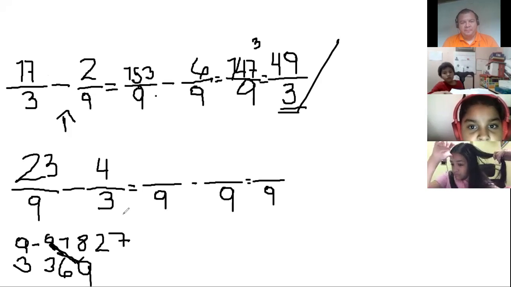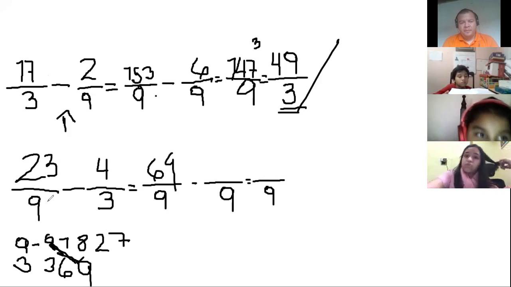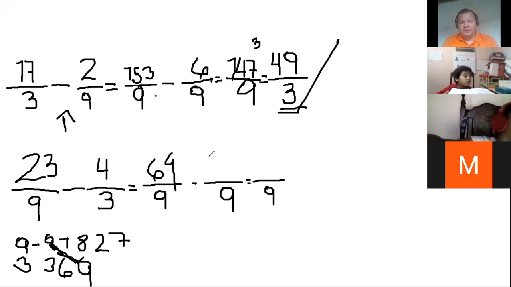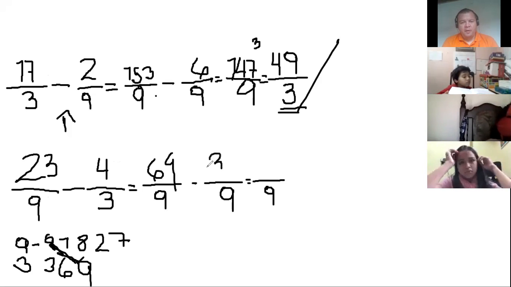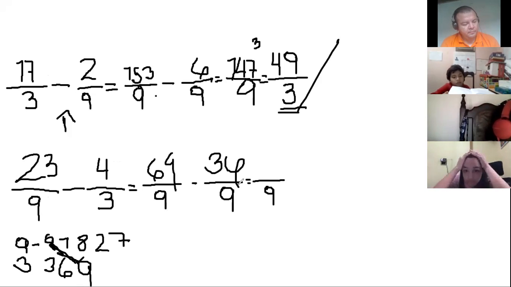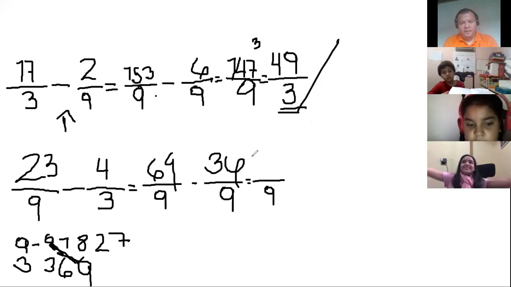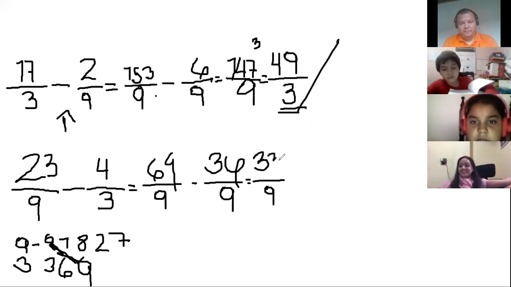So, 23 multiply 3, 69. 9 multiply 4, 36. How much is it? 33.